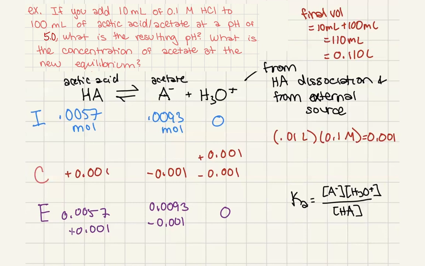Now, we don't really have 0 of H3O plus, because remember we had a little bit in the beginning, but this amount that we add is going to be orders of magnitude greater than the amount that we had in the beginning, so we weren't considering it there. When we go to figure out the pH, we will be taking it into account here, but for the sake of these equations, it's not going to matter.